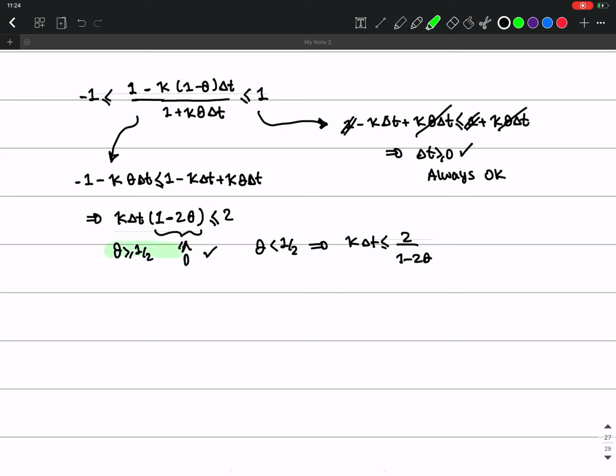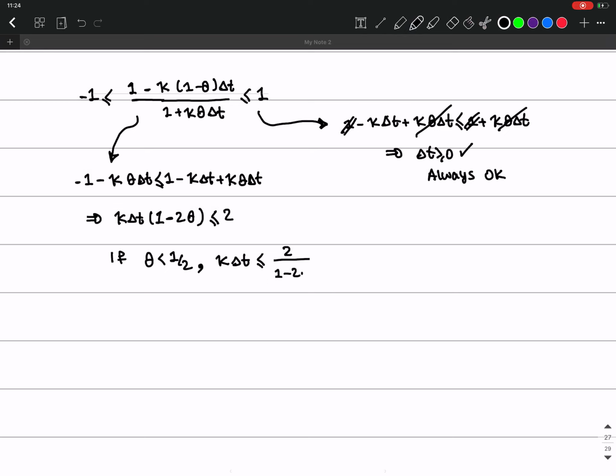So it is kind of conditionally stable here. Let's look at it more carefully. So I'm going to write it down here. If theta is smaller than 1/2, meaning that this is going to be a positive number, then kappa delta t should be smaller or equal to 2/(1 minus 2 theta).